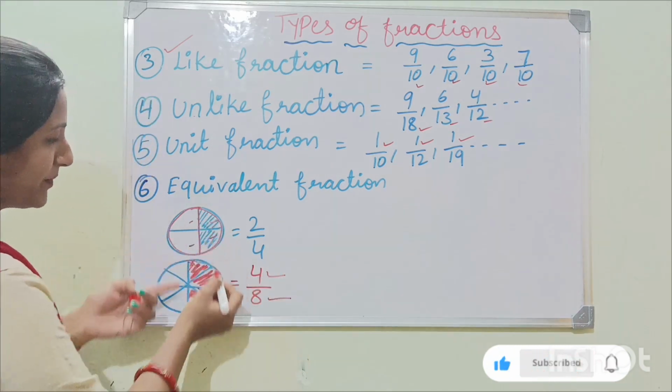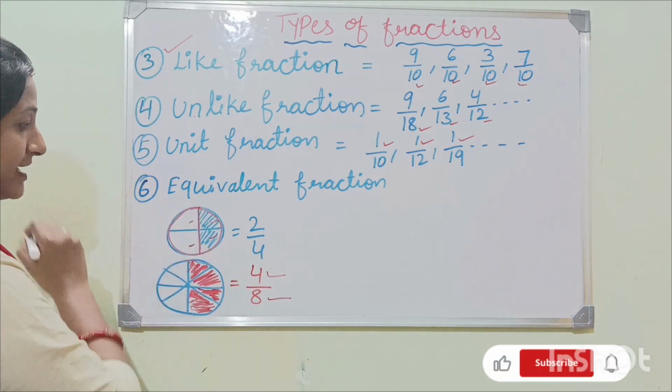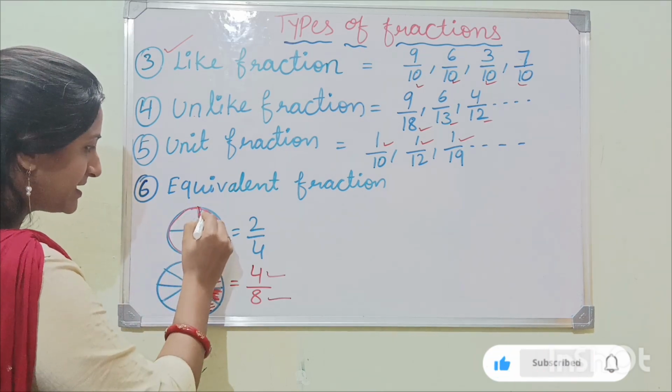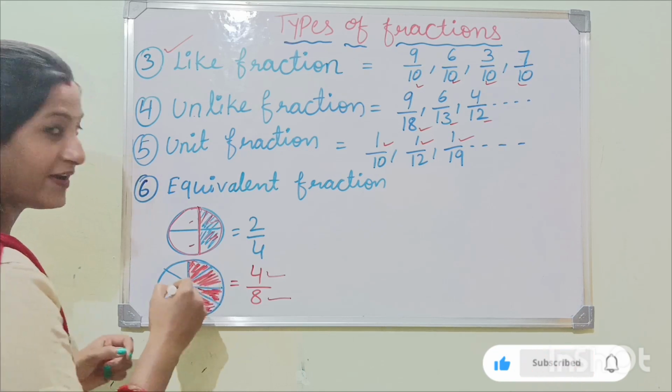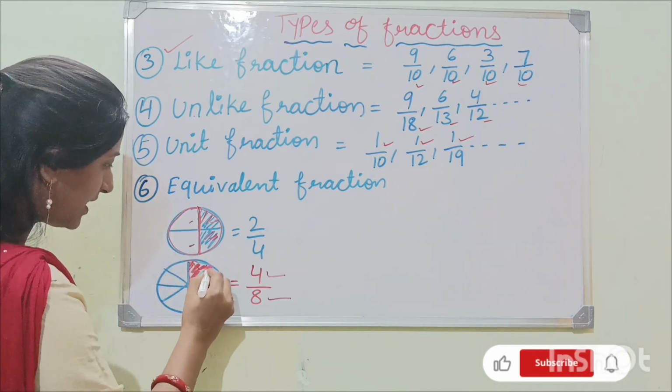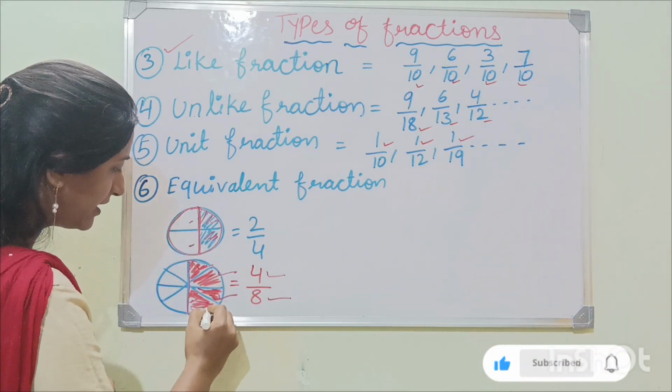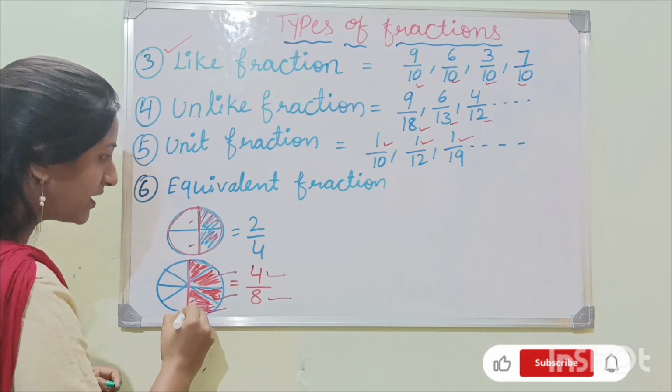So see here, just compare these two circles. Here half is shaded, and the same half is divided into 4 equal parts: 1, 2, 3, 4.